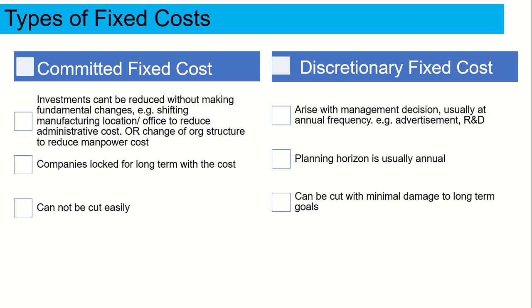Whereas discretionary fixed costs are usually the ones which are committed only up to, let's say, 1 year, and they can be changed after a year or sometimes even within a year without doing any changes to the goals of the organization. Whereas committed fixed cost cannot be so easily changed.